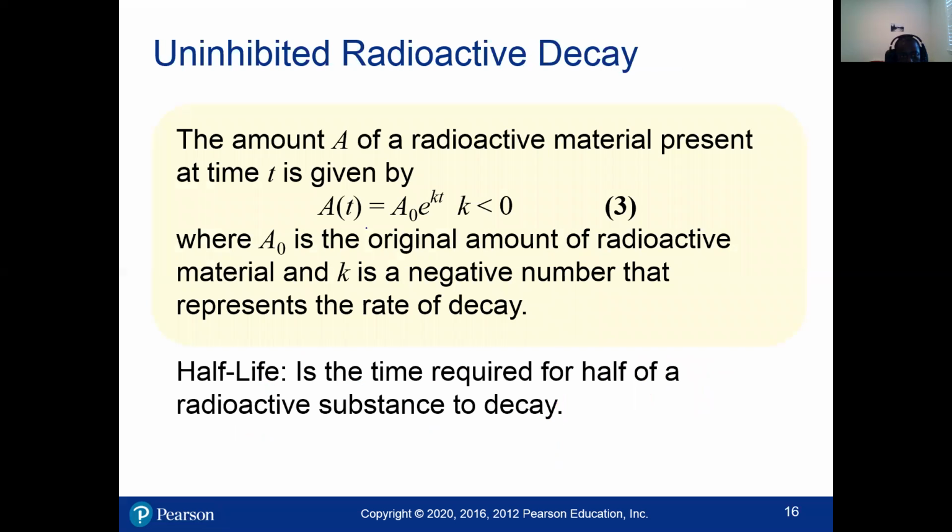All right. Now, let's go to the decay. It's the same model, A of t equal to A naught e to the kt, when k is negative. Okay. Again, A naught is the original amount of radiation. Now we want to define what a half-life is. Half-life is the time required for half of a radioactive substance to decay.